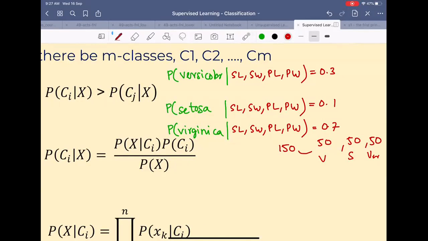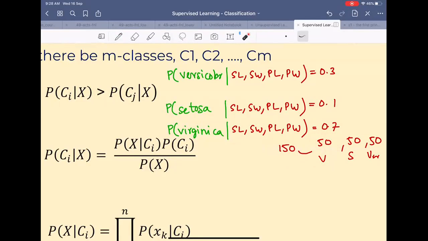What is the probability of one of the data points being virginica? Can you tell me this answer? Okay, great. 50 by 150.